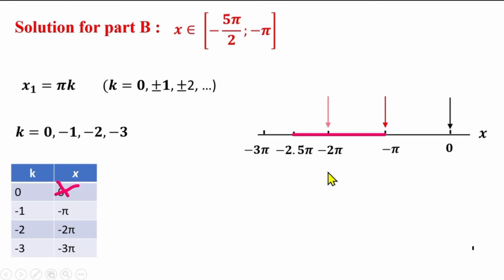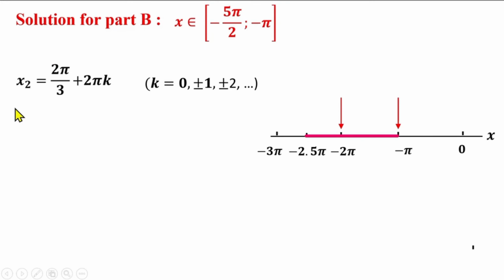It is again inside this interval, we keep it. K equal negative 3, we have negative 3 pi. This point is outside our interval. So two solutions, minus pi and negative 2 pi, are inside of this interval. So we remember them.